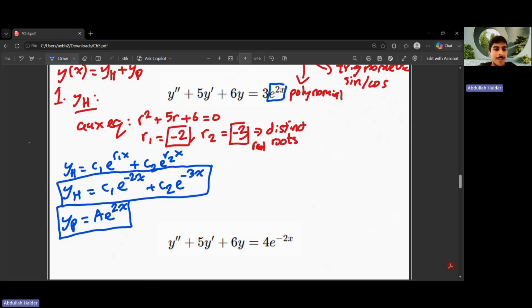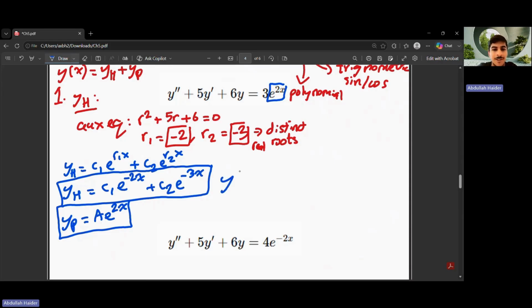So as I said before, you check yh with what you have on the right side. e power -2x is not the same as e power 2x. e power -3x is not the same as e power 2x. So you will not multiply this by any x or x squared. We will always have this a for the yp, because this can be any constant. It can be -2, it can be 0, it can be 3. So this is the yp. I think you might still be confused about why we have e power 2x, but hopefully this will be resolved in the following problems.